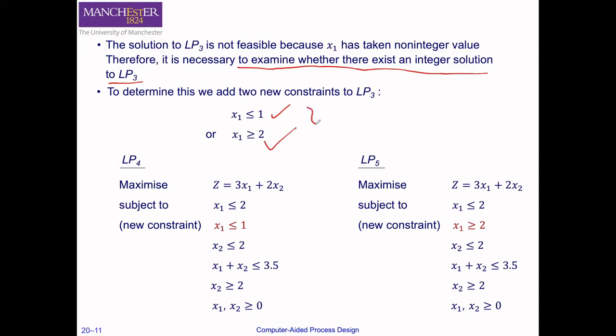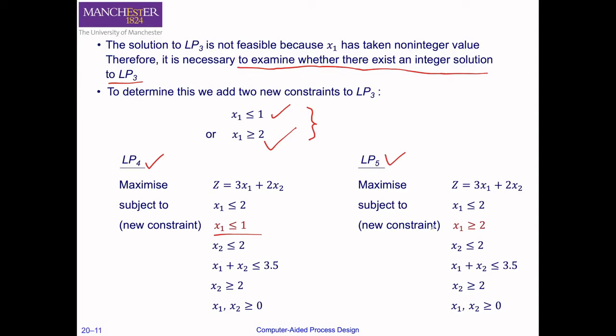We also add each of these two new constraints to LP3 and create two new LP problems. Let's see LP4 and LP5. In LP4, we add this new constraint x1 is less than or equal to 1.